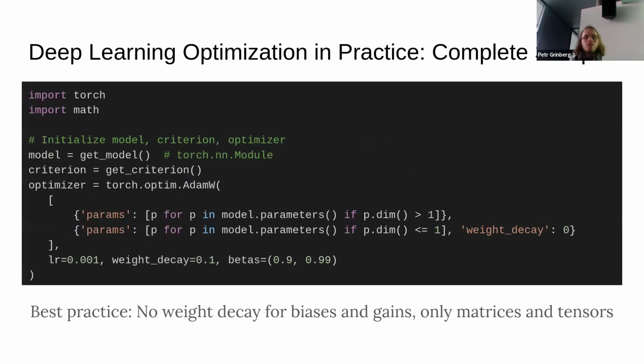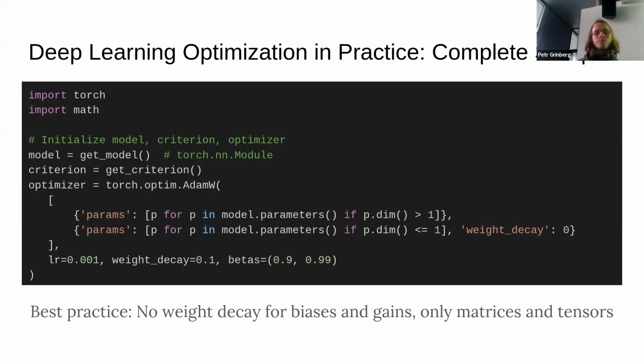So how to do this in PyTorch? You have your model, you have your loss function, which is also called criterion. You can call it loss function, you could call it criterion, as you want. So you define your model, you define your loss function, and then you need to define your optimizer. For your optimizer, you need to indicate what parameters to optimize. So this theta, this b. In PyTorch, you can just say model.parameters, and it will return all parameters for your model.